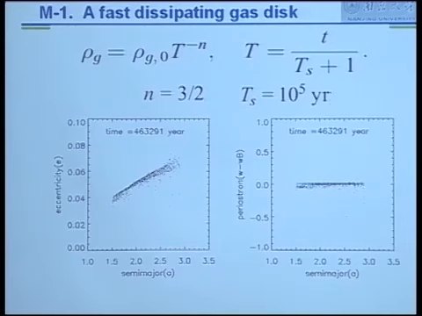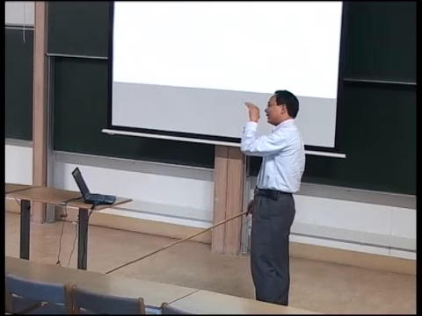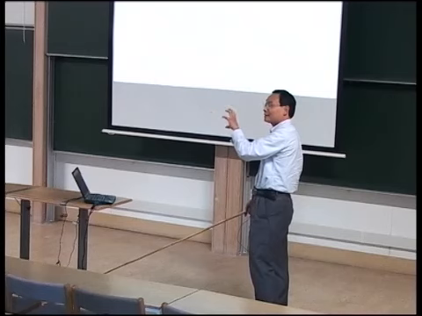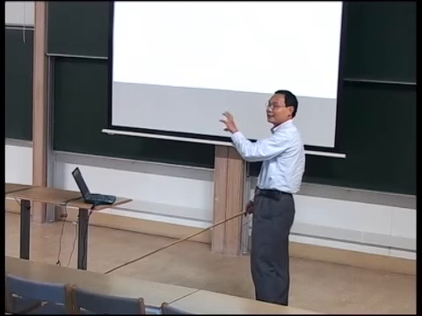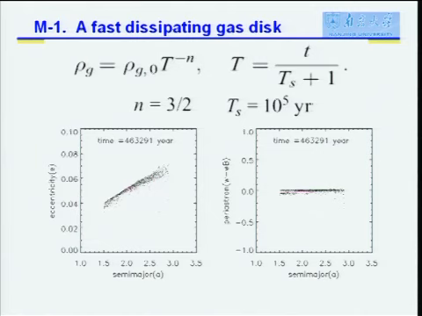In a fast dissipating gas disk, after the gas dissipates a lot but there is still some gas, the equilibrium configurations of different size planetesimals almost come to the same one. So finally they get the same orbital configuration. This is a simulation of the final state.